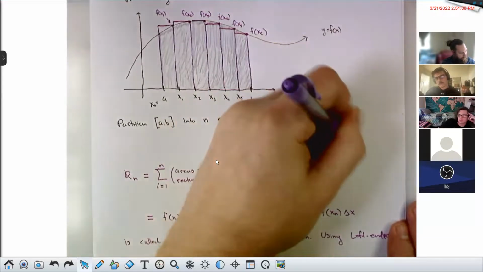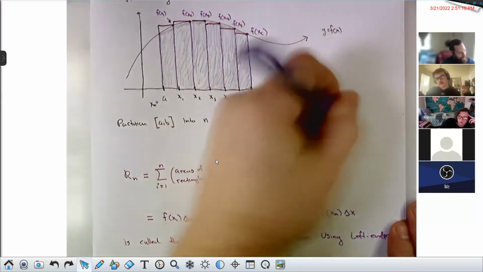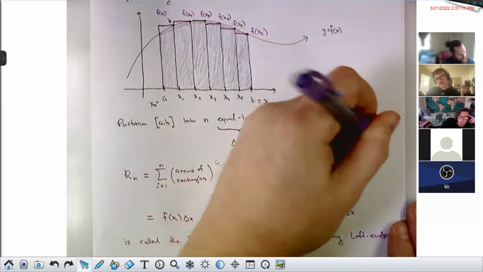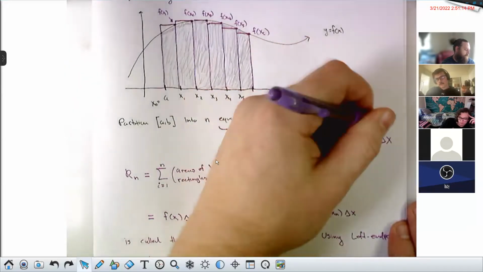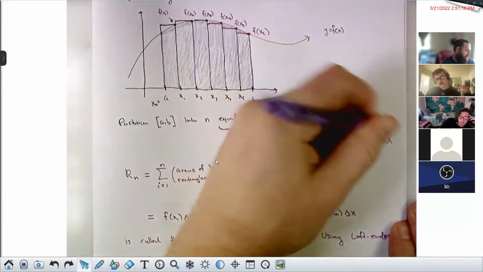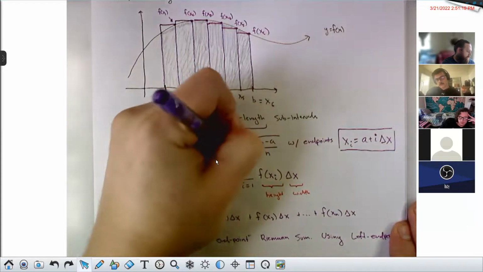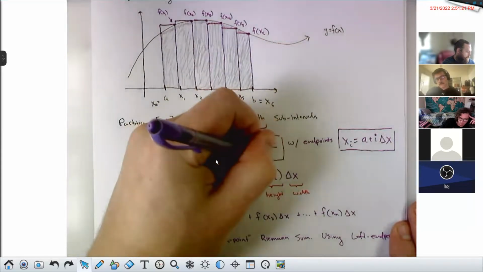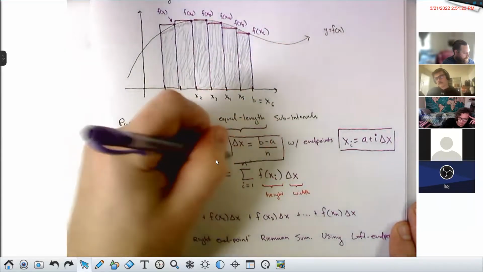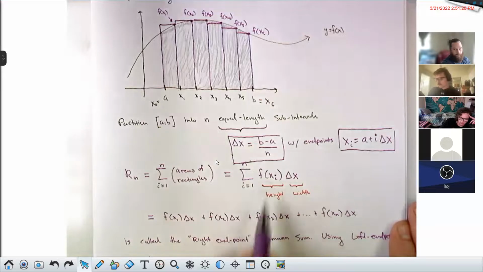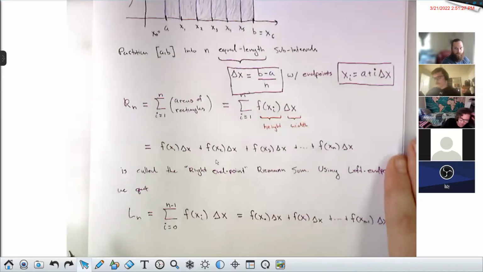Let's get this on the same page. xi is a plus i delta x. So you need this, and two summation formulae down here, Rn and Ln.